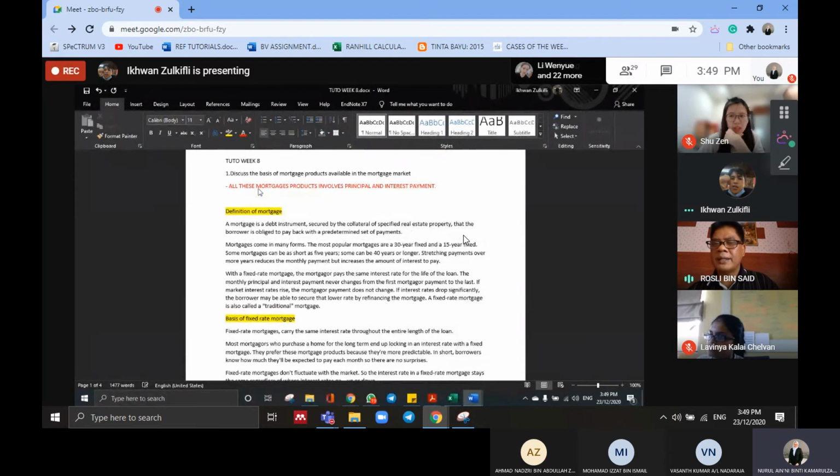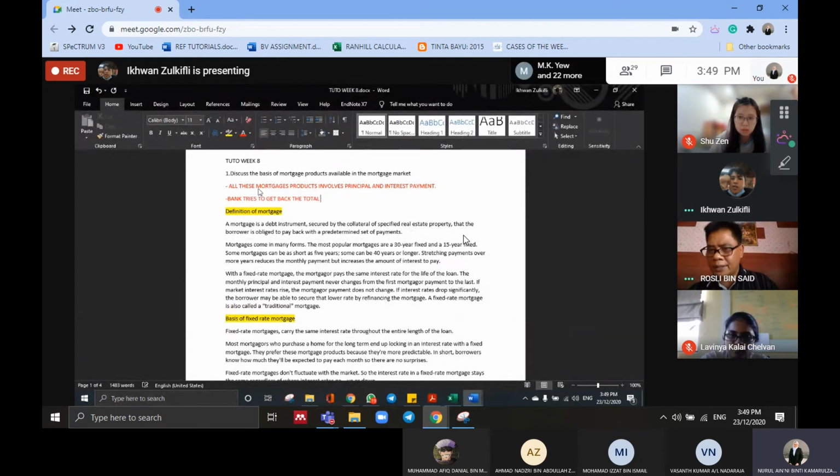Yes, to get back the total loan that has been approved, not even a single cent less or more. If they lend to the purchaser, let's say the amount of 200,000, they must get back 200,000 no matter what happens.